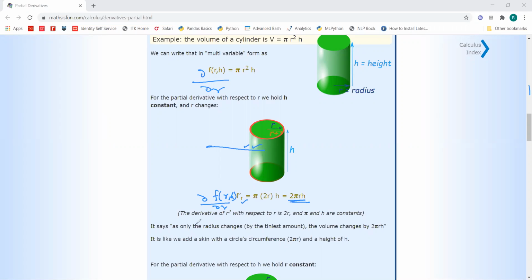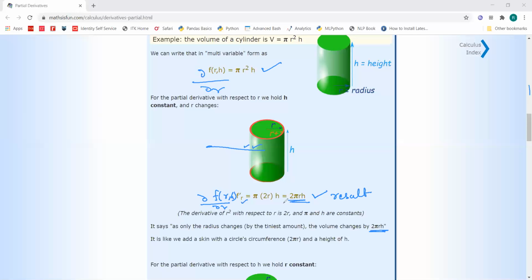What it means is that as only the radius changes by the tiniest amount, the volume changes by this much. We started from volume, we did the partial derivative, and this is the result.